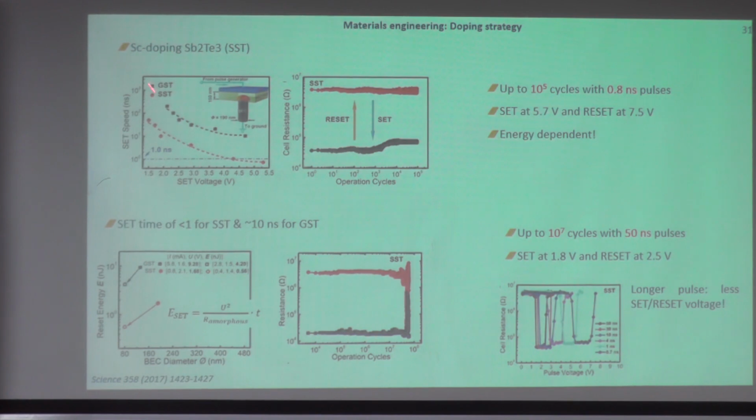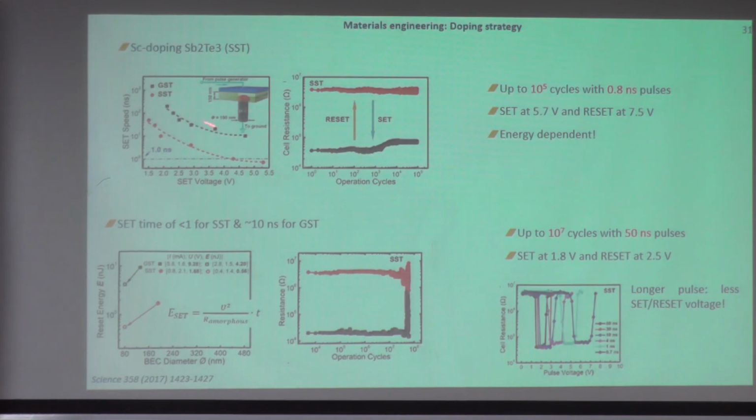So in the switching of the real PCM cell based on this SST material, here you see the set speed in dependence on the set voltage for SST, and this is for GST. What we can see is that the set time at different set voltages is much lower than for typical GST material.